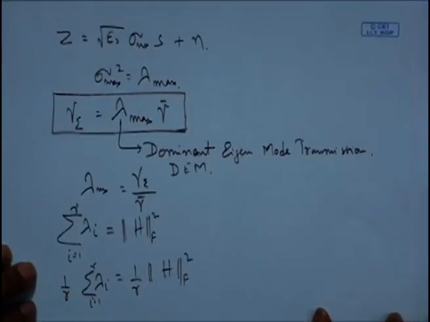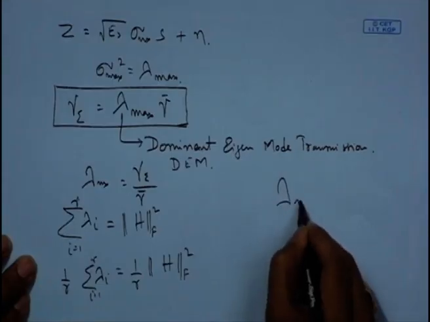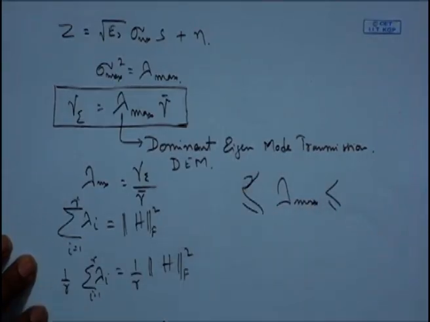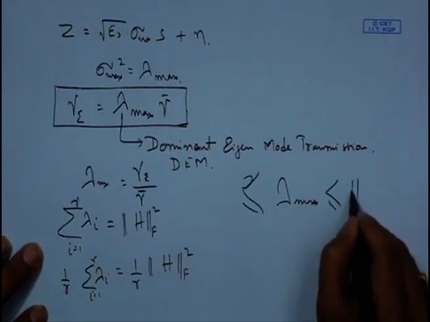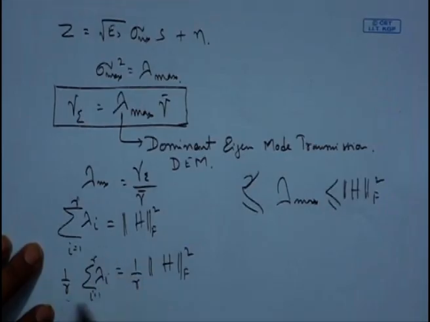So this again we are going to use. From this we could say that lambda max would lie between two values. The highest value would occur when there is only one lambda and all others are 0. In that case, this is equal to ||H||_F squared.